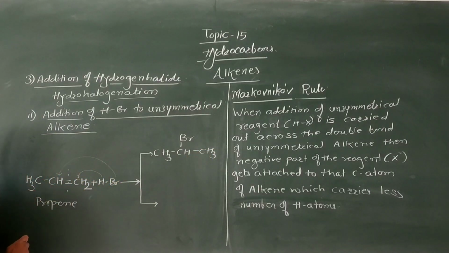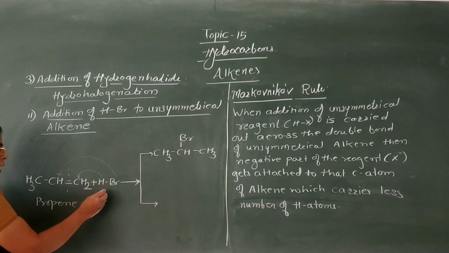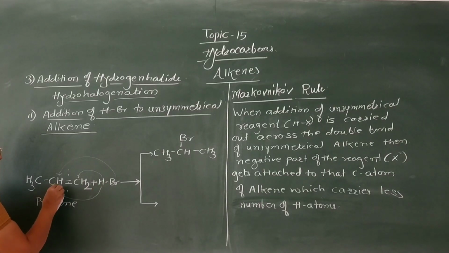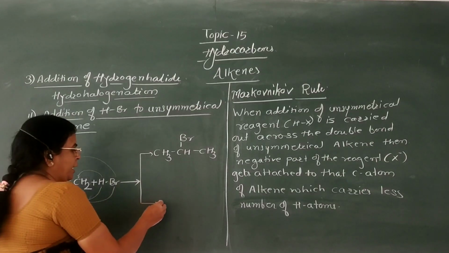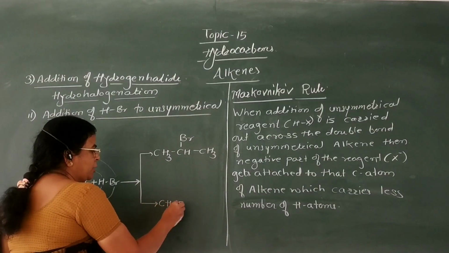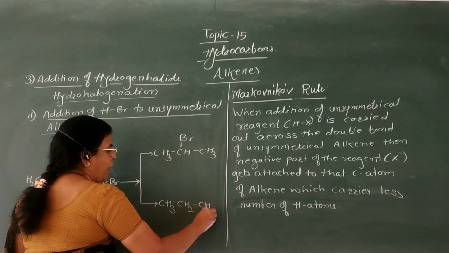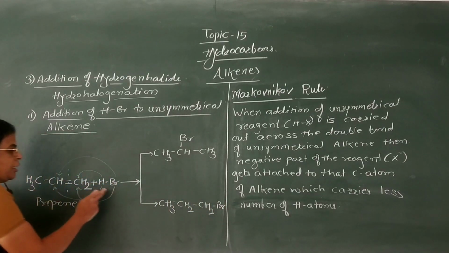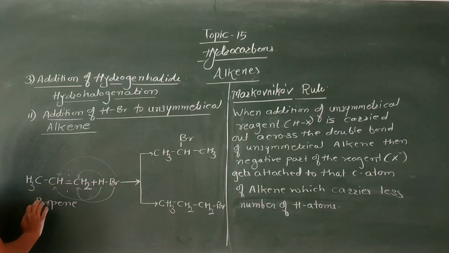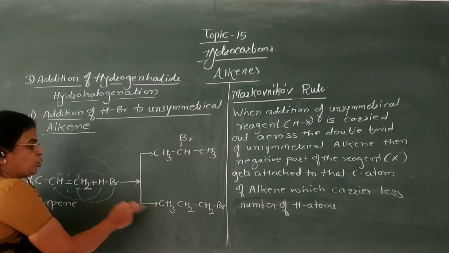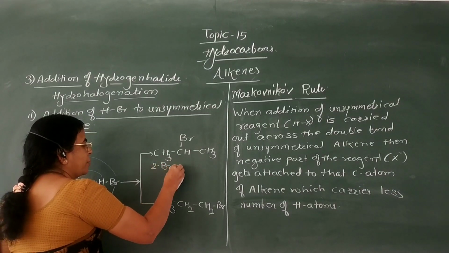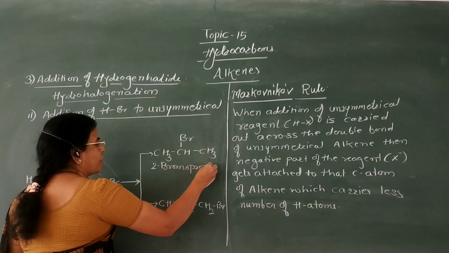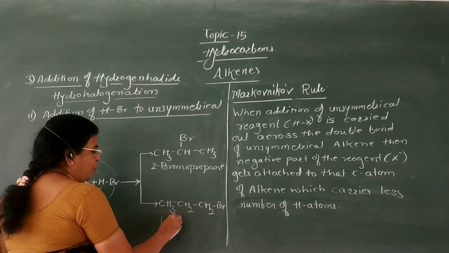And if addition of HBr is carried out such that the hydrogen atom gets attached to this carbon atom and this Br gets attached to this carbon atom, then we'll get the second product, CH3, CH2, CH2Br. That is, addition takes place across this double bond in 2 ways, and we'll get a mixture of these 2 products. Now the name of this product is 2-bromopropane, and this is 1-bromopropane.